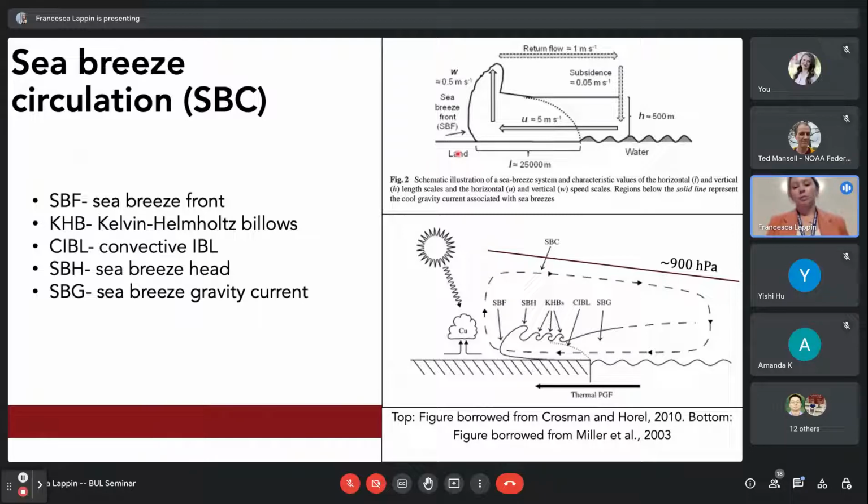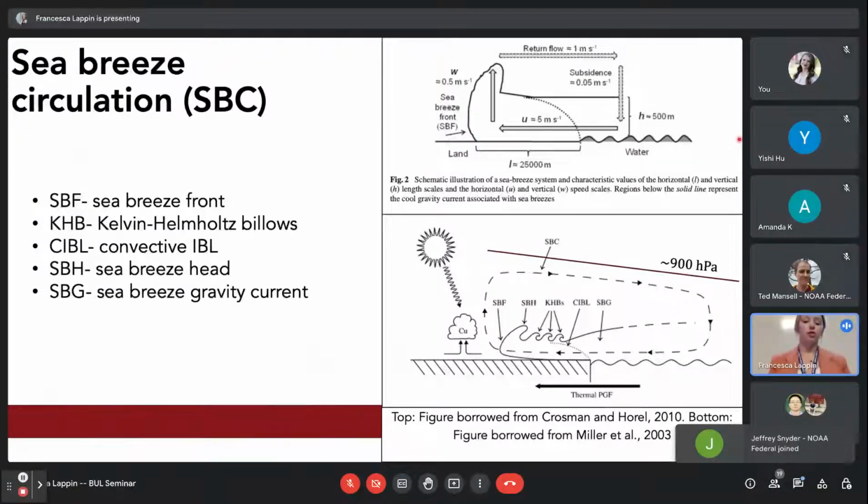So you get rising motion and you get this pressure gradient force forming, which drives an onshore flow. You get rising motion because of convergence, as well as increase in your roughness length or surface roughness. Then you get your return flow going back offshore, and it completes an entire little circulation. That's your broad mesoscale look at it.